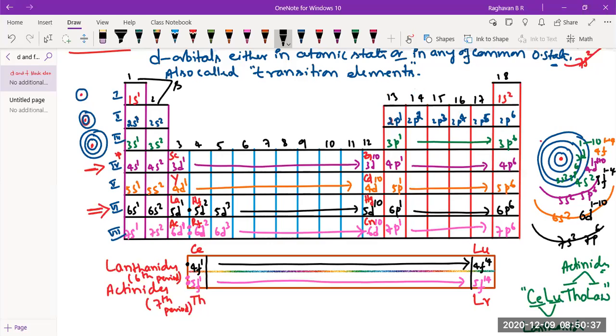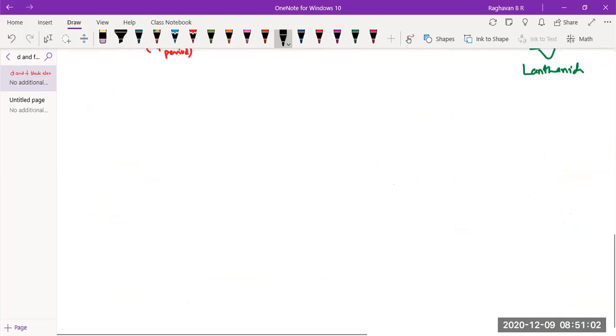So groups 3 to 12 are the D block, 13 to 18 the P block, and the last two periods are F. This is how the elements are kept in the periodic table. Just you need to know the 4 series of D block elements. Let us take it further.